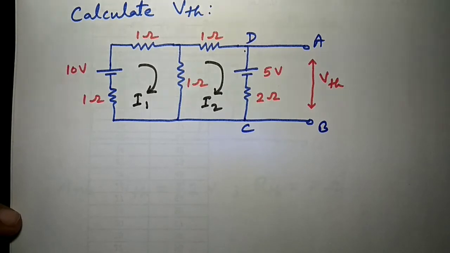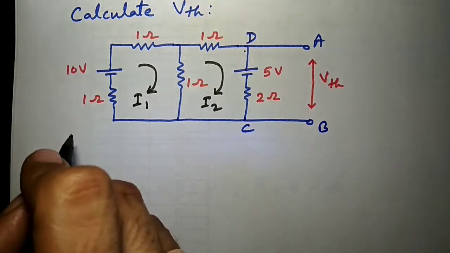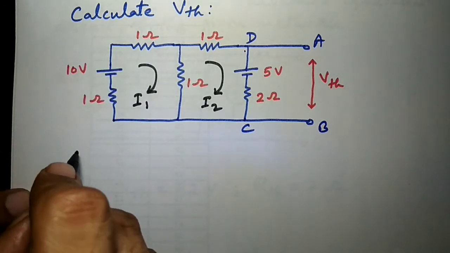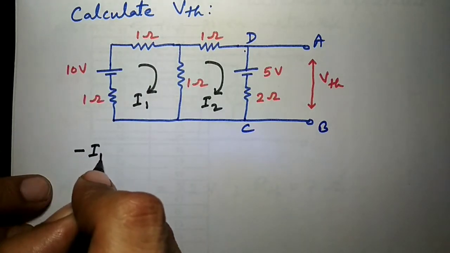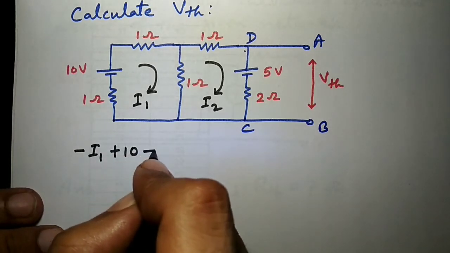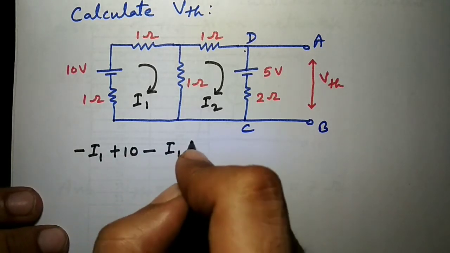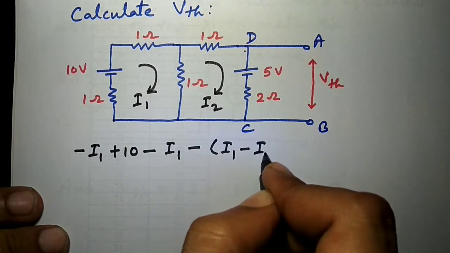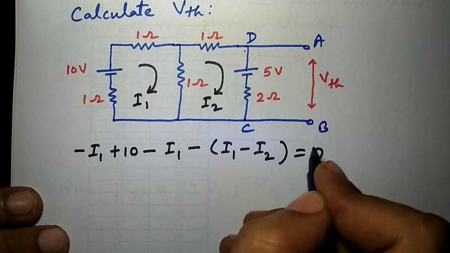So apply the KVL in the first mesh. If we start from this point clockwise, it will be minus I1 plus 10 minus I1 minus I1 minus I2 is equal to 0.